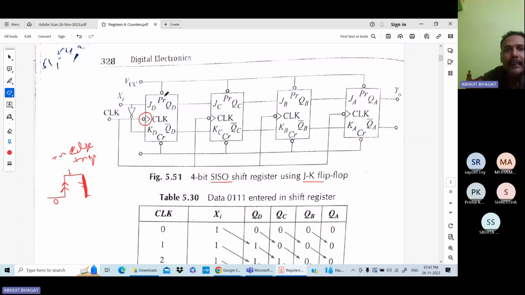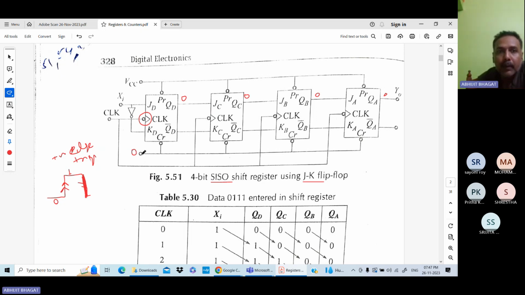Now we already discussed the function of the preset and clear pins. What is the function of preset and clear? It is used to set the initial output of your flip-flop. If you want to clear the output, meaning if you want to fix the output, suppose 0, 0, 0, 0, then your clear pin will be 0.